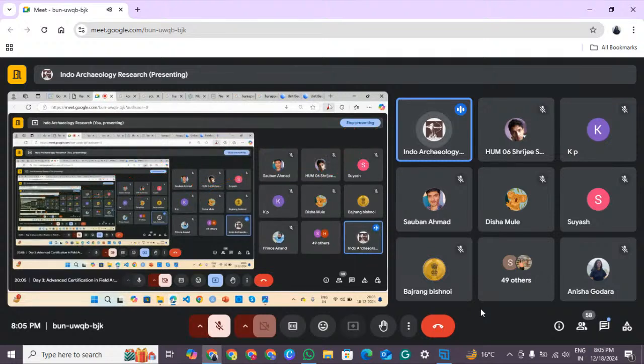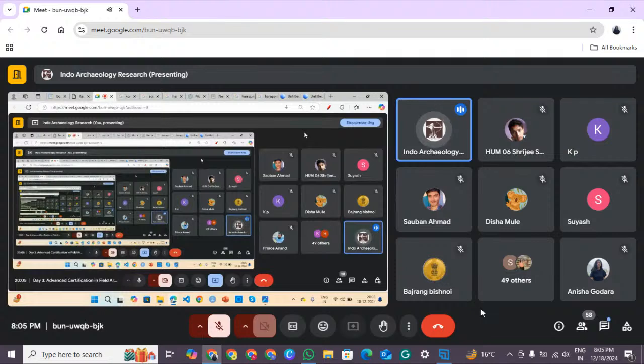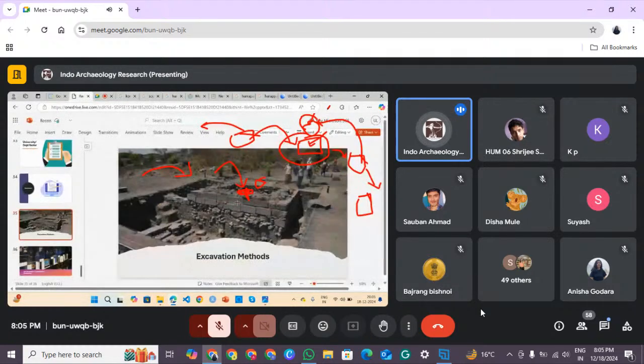The general thing is that whenever we discuss archaeological excavation, people find excavation very interesting. But if you're asking me, excavation is a very boring type of activity. Why am I saying that? Suppose this is the trench that we are going to dig here for this particular type of activity.